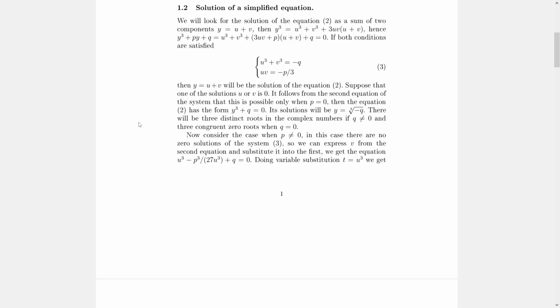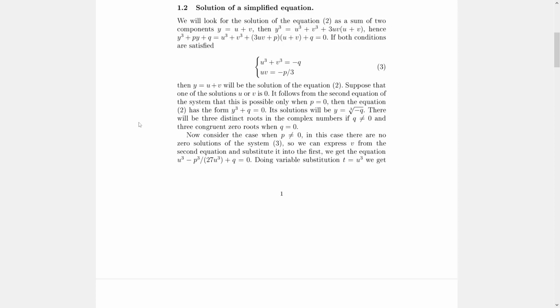These two conditions are u cubed plus v cubed equals minus q, and uv equals minus p divided by 3. Suppose that one of the solutions, u or v, is 0. It follows from the second equation of the system that this is possible only when p equals 0.